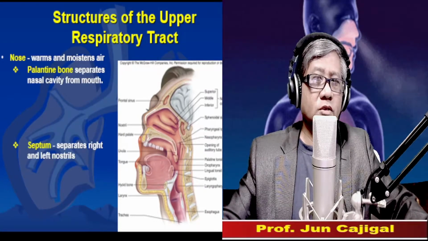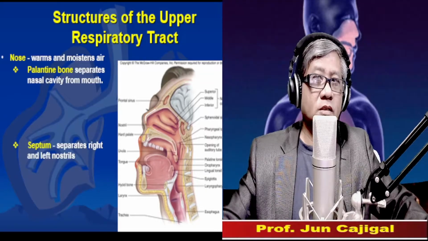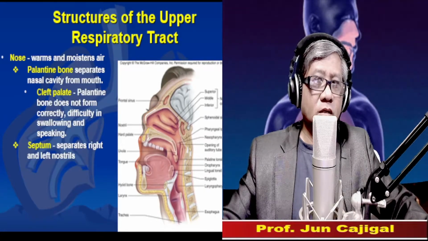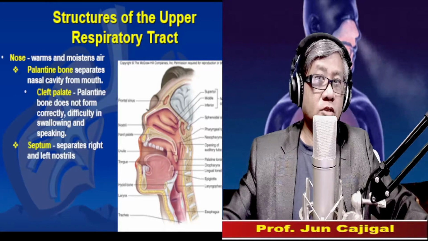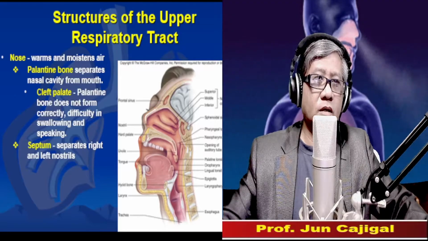There are cases wherein the palatine bone does not form correctly, and if that's the case, there is a condition known as a cleft palate. In this condition, the palatine bone does not form correctly, so the patient has difficulty in swallowing and speaking.